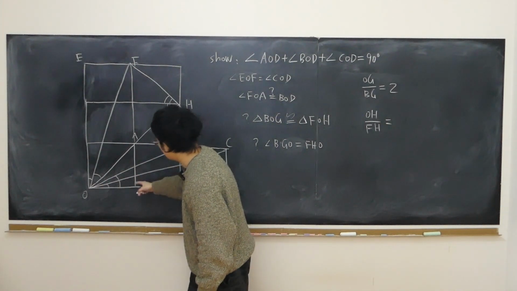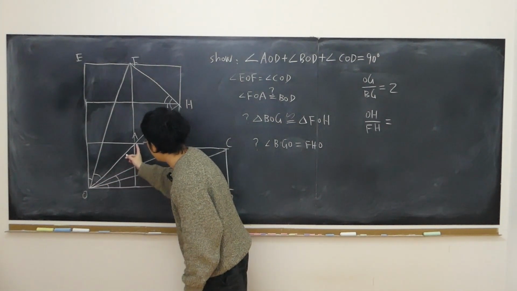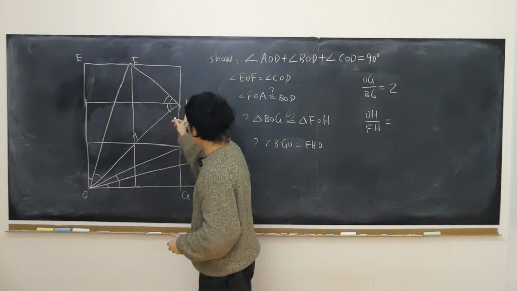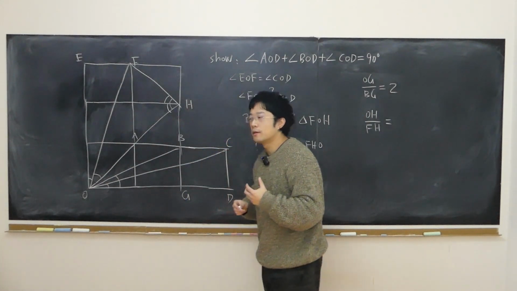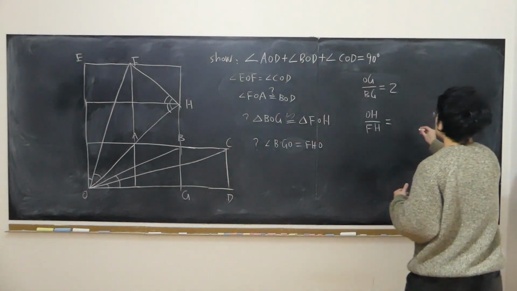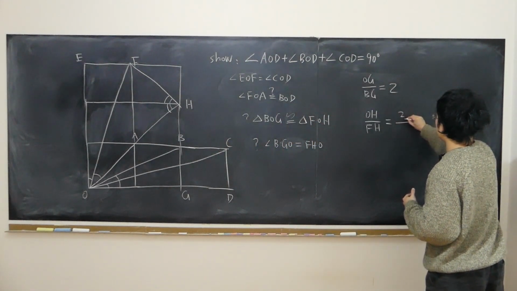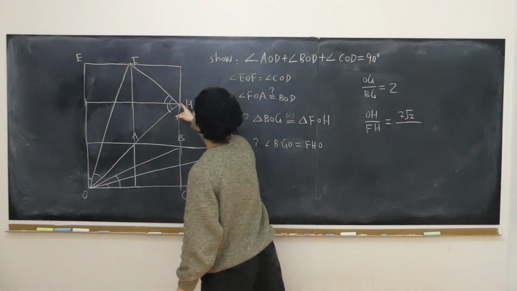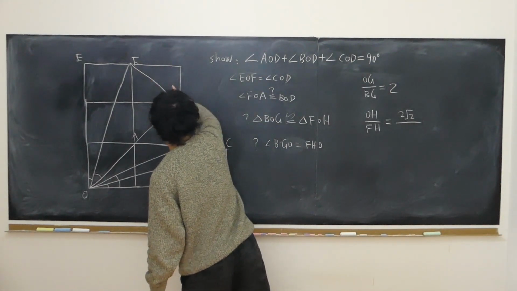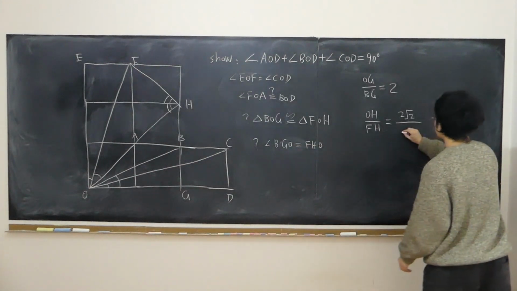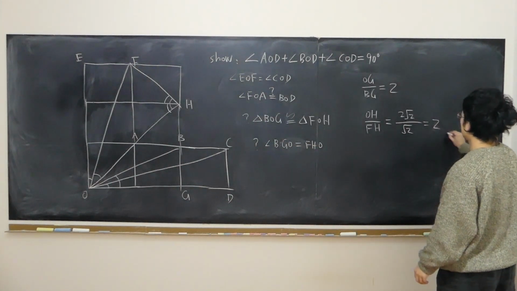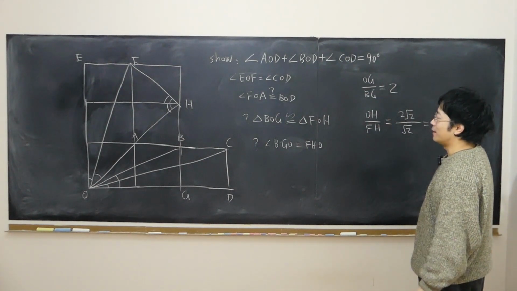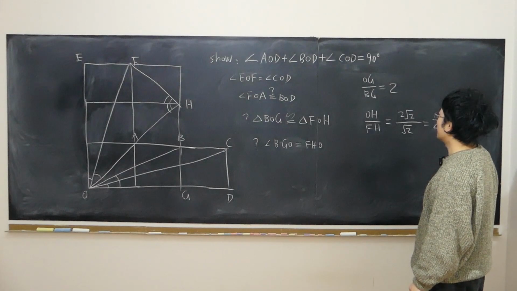Length is just 1. So diagonal OA is automatically square root of 2. And the length of AH is also square root of 2. So the length of OH is twice of square root of 2. And the length of FH, also a diagonal, is also square root of 2. So easily 2. So that means we have another pair of edges that have the same ratio, right?